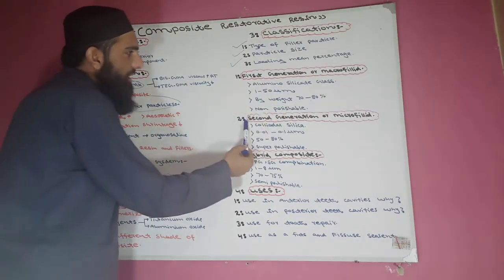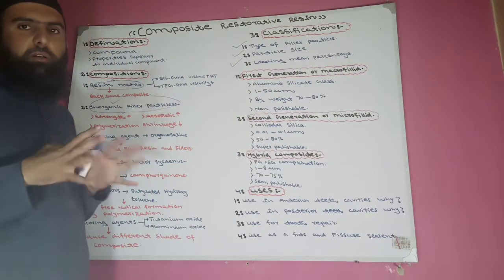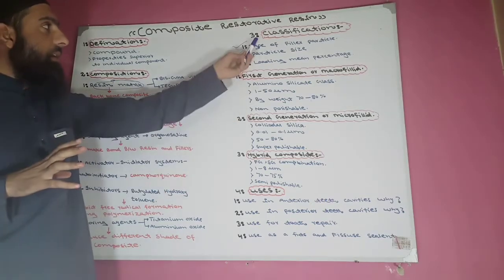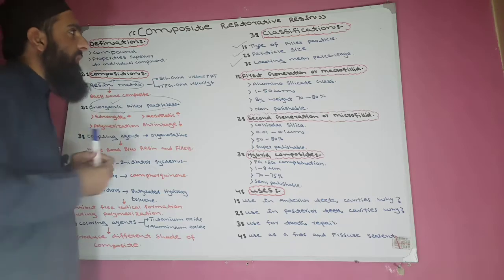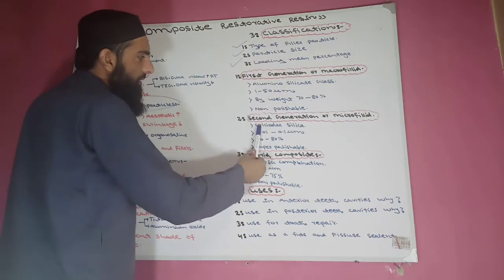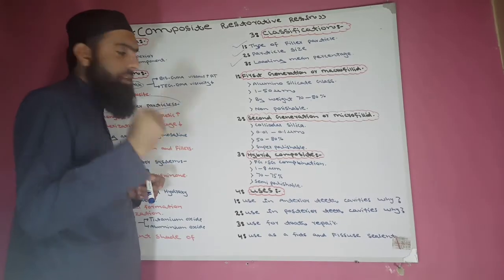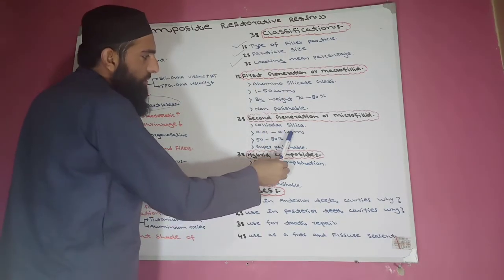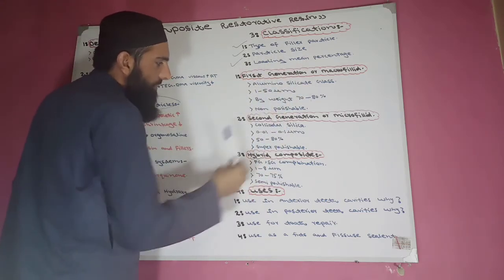Now come to the second generation or microfilled. Again in second generation we look at these 3 properties on the basis of which we classify the composite. The type of filler particle in second generation is colloidal silica, meaning colloidal solution of silica. The particle size is from 0.01 to 0.1 micrometer. Loading, meaning percentage, is from 50 to 80%.